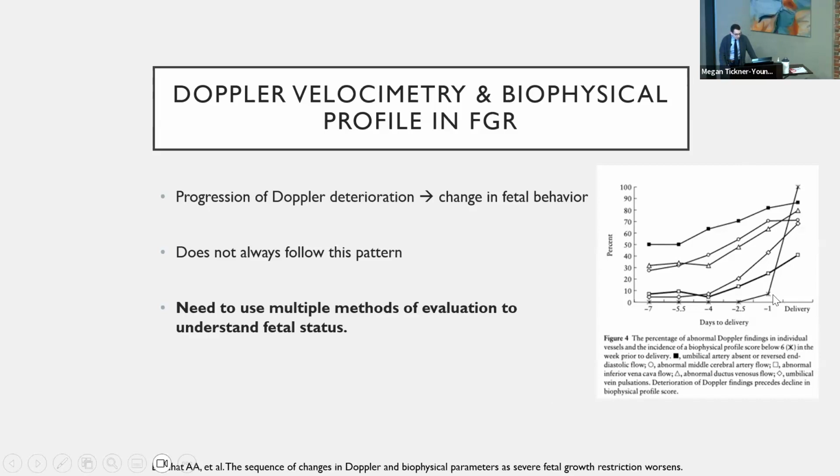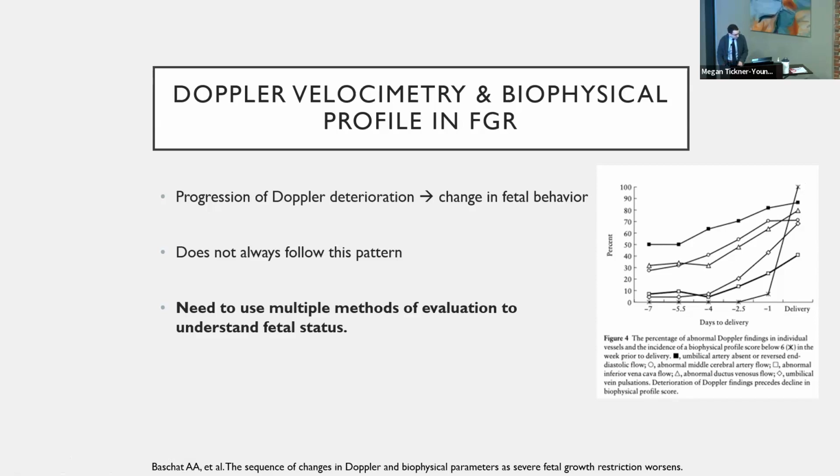And then really later, you can see demarcated here by this X, your biophysical profile is really the last thing to become abnormal before delivery. But it doesn't always follow this pattern, and an abnormal heart rate pattern or biophysical profile can occur independent of Doppler findings, highlighting that you need multiple modalities of assessment to confirm a reassuring fetal status.